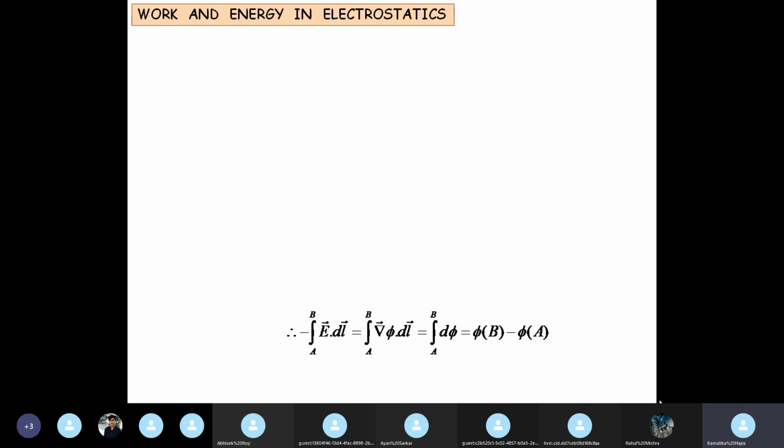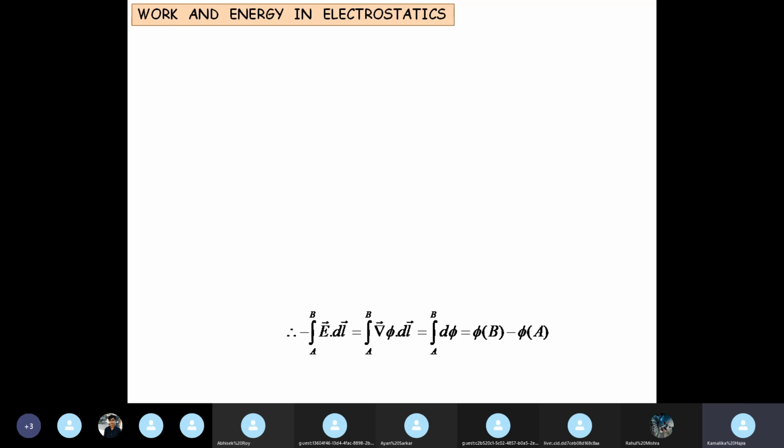Now next, sorry about this, this will come later on. The last thing that we are going to learn about today is work and energy in electrostatics. We saw that there is a force due to the electric field whenever there is a point charge or a distribution of charges, and you need to work.